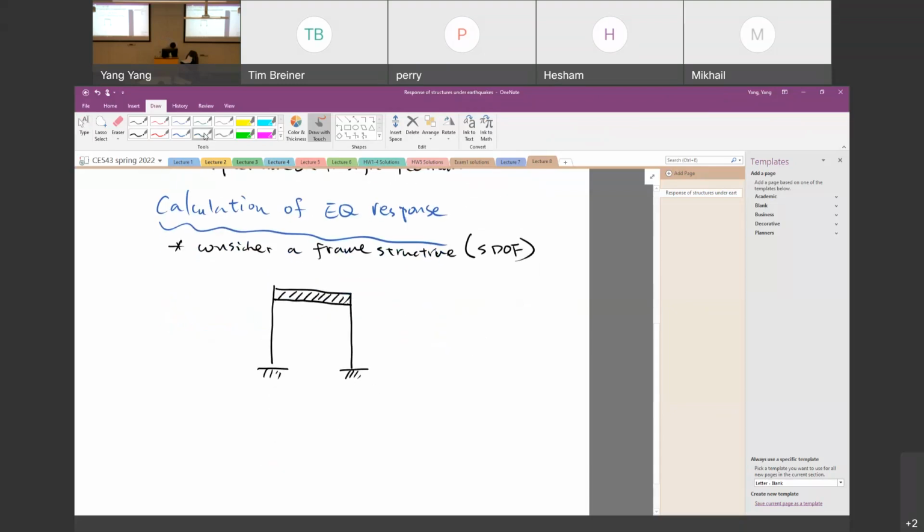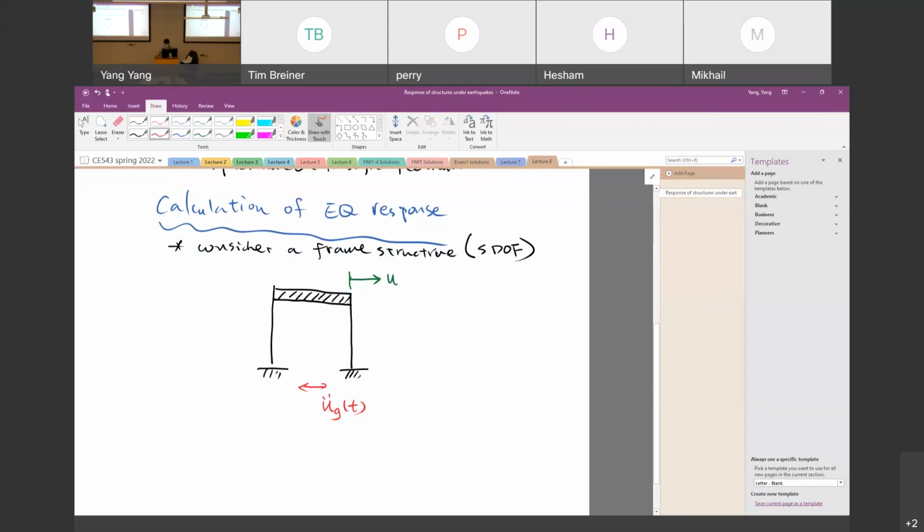When we talk about response, we would like to know, assume the displacement of the response is equal to u under earthquakes. So we have some ground acceleration.